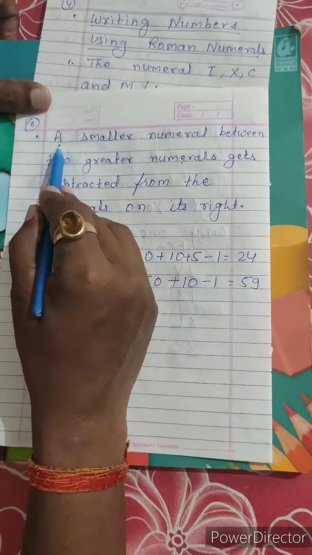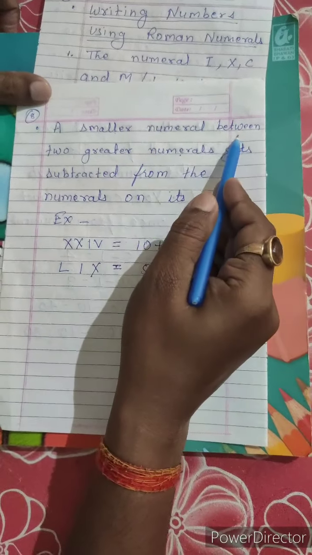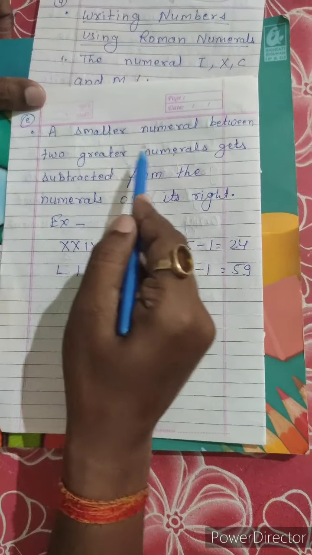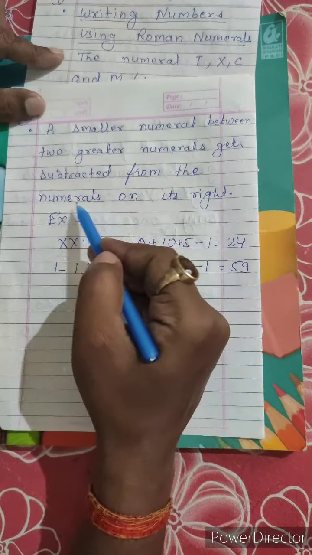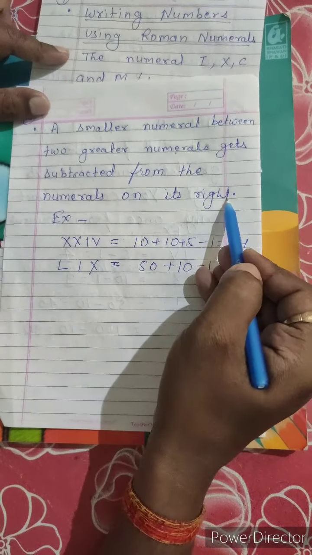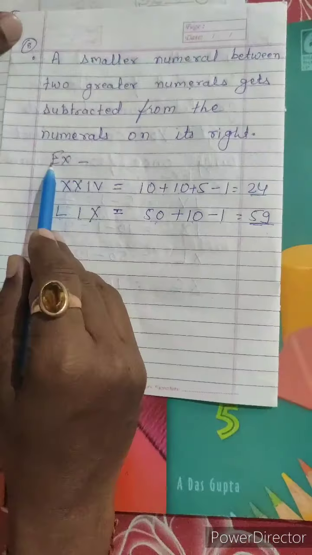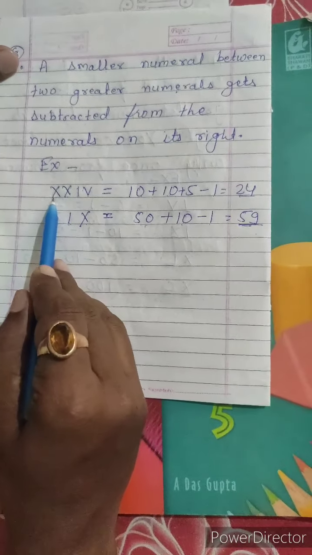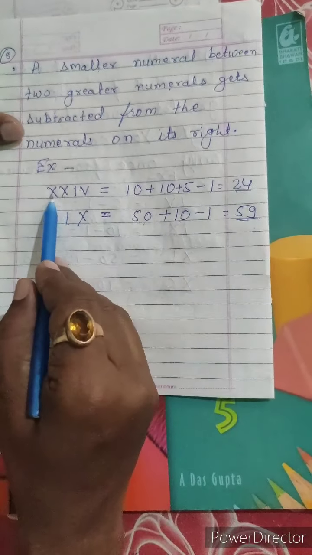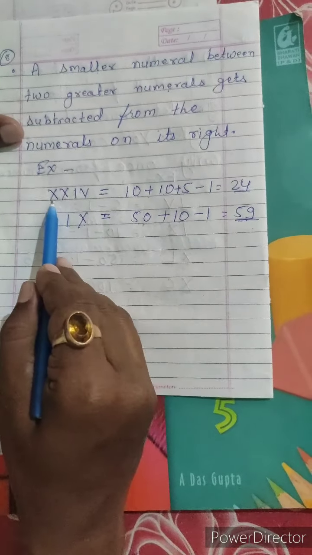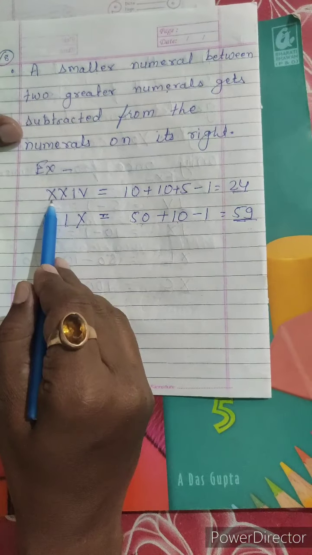Next rule. A smaller numeral between two greater numerals gets subtracted from the numeral on its right. Let's take an example: XXIV. X is repeated, X, X, so it is added.